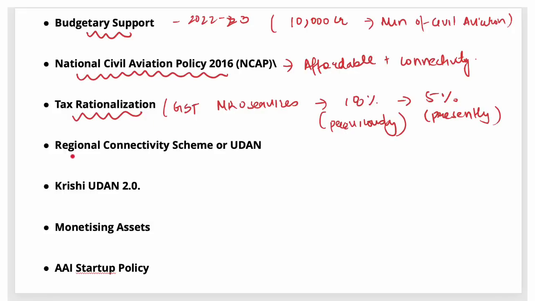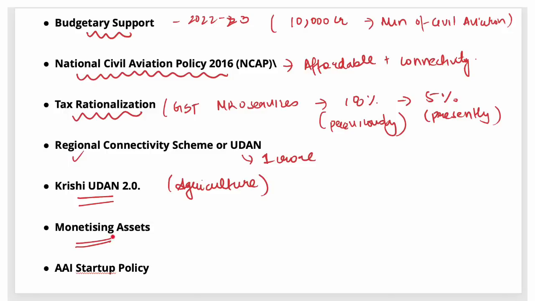Government in the past has launched the Regional Connectivity Scheme or UDAN, that is Ude Desh Ke Aam Nagrik, and under this, more than 1 crore passengers have availed the benefit of UDAN flights. Government in recent times has also launched Krishi UDAN, and the scheme lays out the vision for realization through better integration and optimization of agri-harvesting.